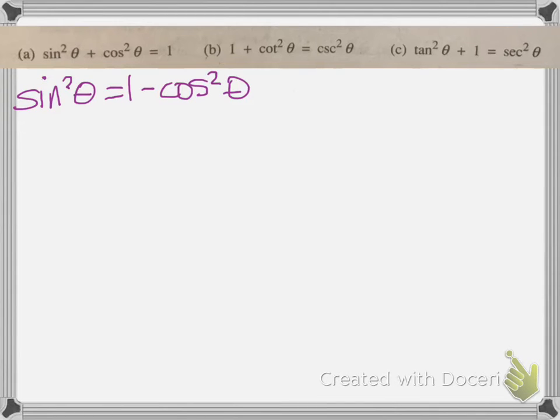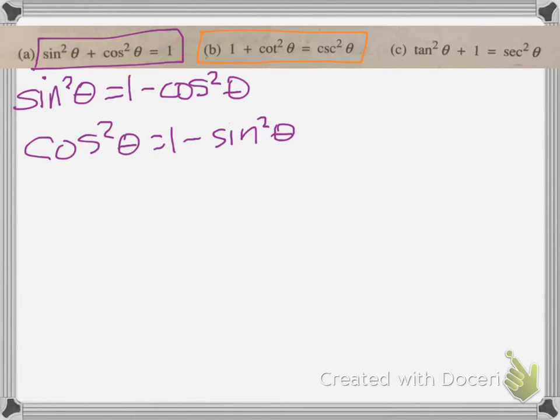Now, we can also write identity A as, if we solve for sine squared theta, it is 1 minus cosine squared theta. We can also write it as cosine squared theta equals 1 minus sine squared theta. Going to B, we can solve for 1 and say that 1 is equal to cosecant squared theta minus cotangent squared theta.